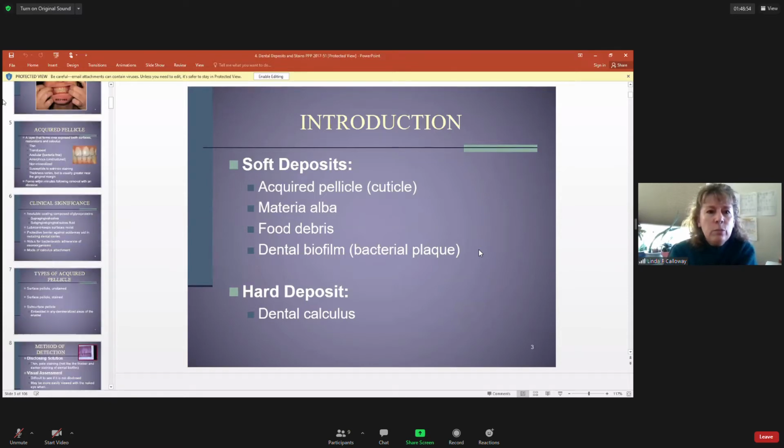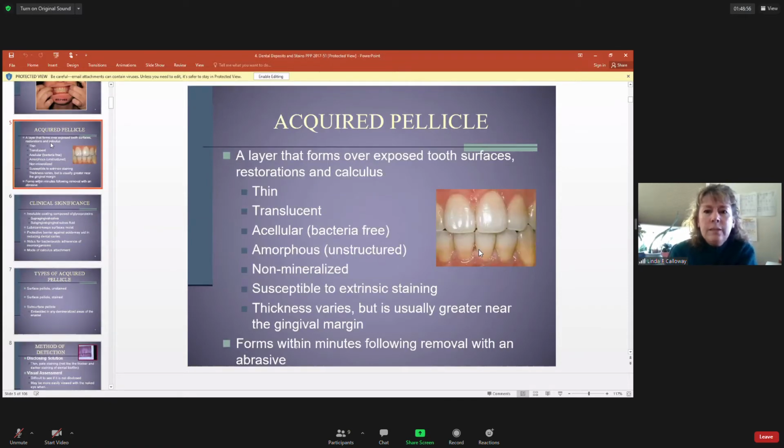Let me just scroll up. It is a thin, translucent, acellular, bacteria-free, unstructured, non-mineralized layer. It's thin.